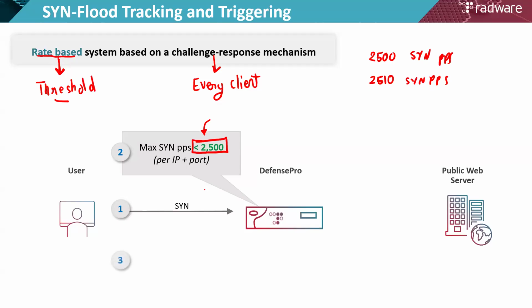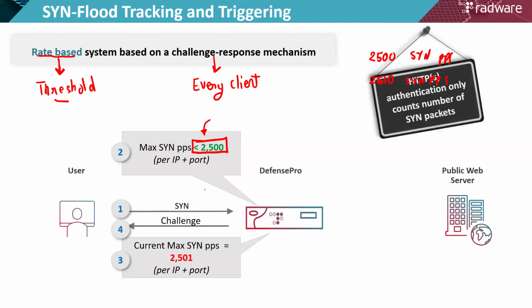We'll start challenging the client. If we get a proper response from the client, then only will we open a backend connection with the public server. Otherwise, we will not open a connection. Let's suppose DefensePro challenged the client and the client was unable to provide the proper response.